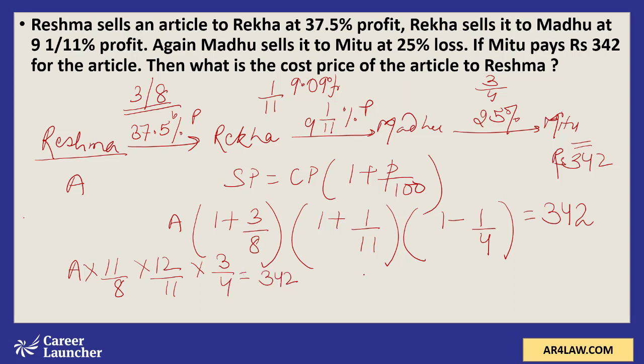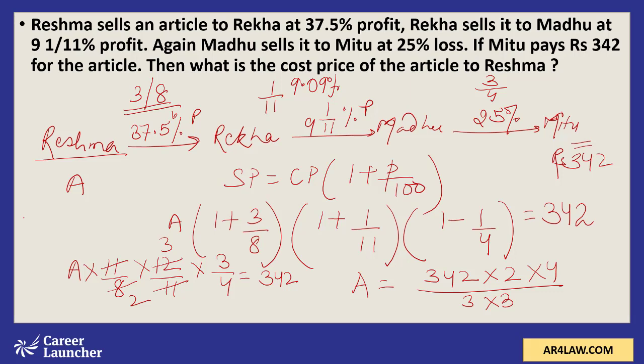And I'm supposed to find out what is A. So my 11 and 11 cancel here. This is 2, this is 3. So A comes out to be 342 into 2 into 4 by 3 into 3, which comes out to be 304.